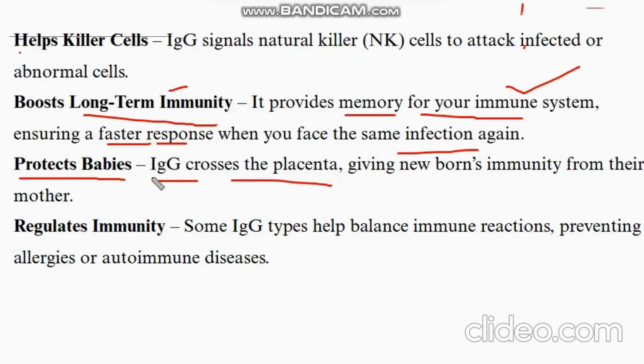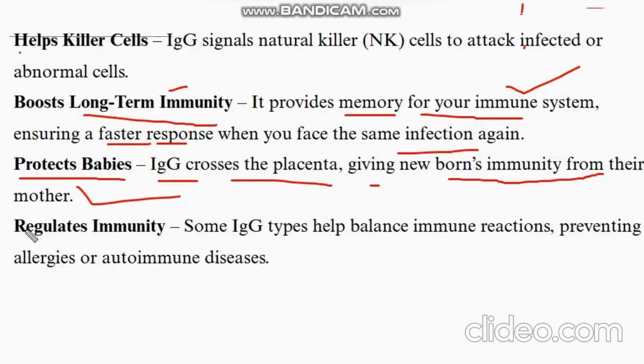So IgG has a capacity to cross the placenta, and by crossing the placenta, it will protect the fetus health. That is, it is providing protection for the babies, that is the fetus also. That is another quality of the IgG antibodies.